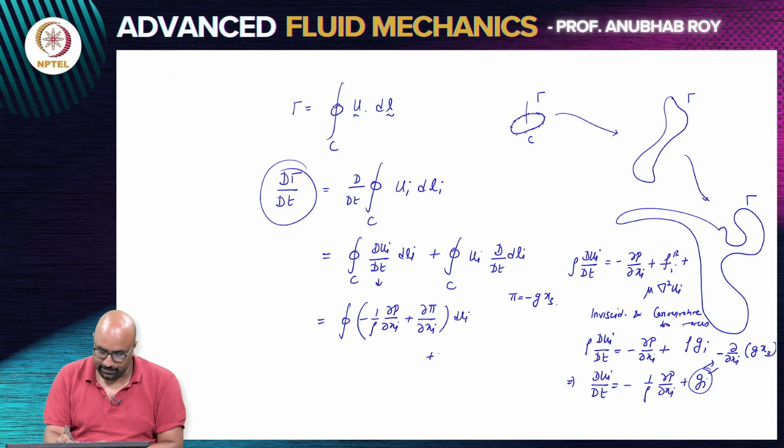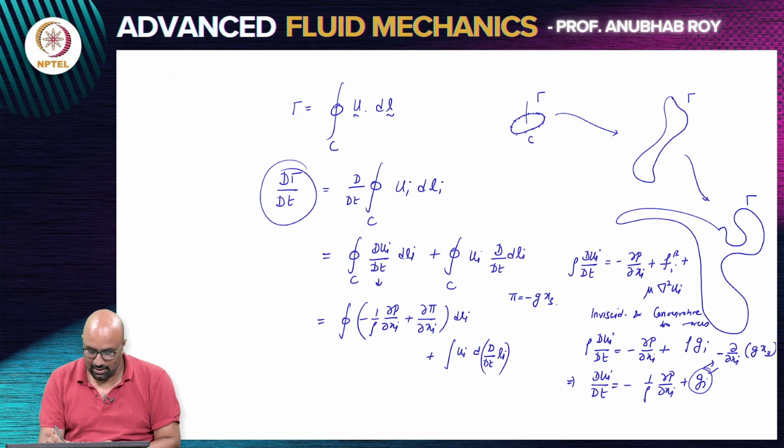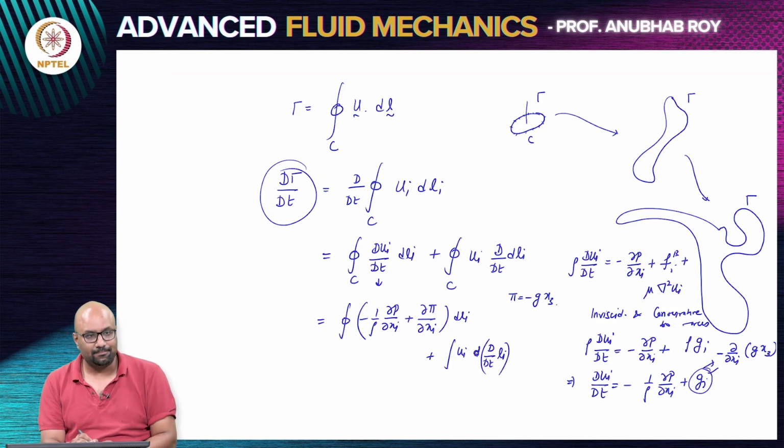times dl_i. And for the second term, I will take the material derivative inside, so I will have d/dt of that small line element and then the differential of that.